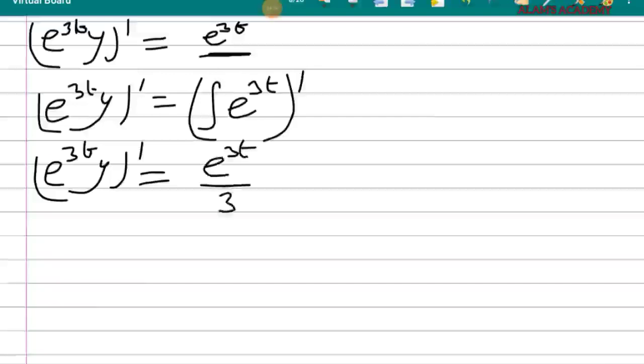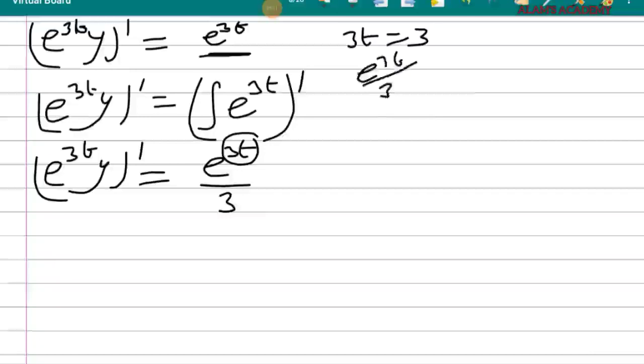When you are integrating the e, you differentiate the top and divide it with the down. So the differential of 3t is equal to 3. So you divide by the whole thing again, so you have e exponent 3t over 3. So that's the integral of this one.